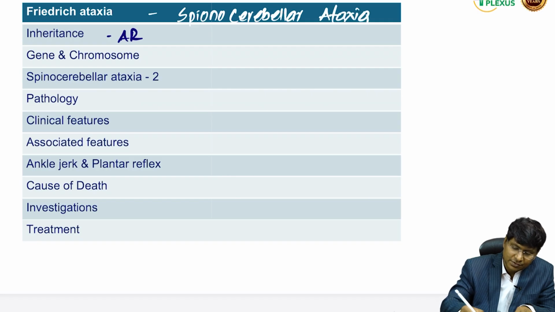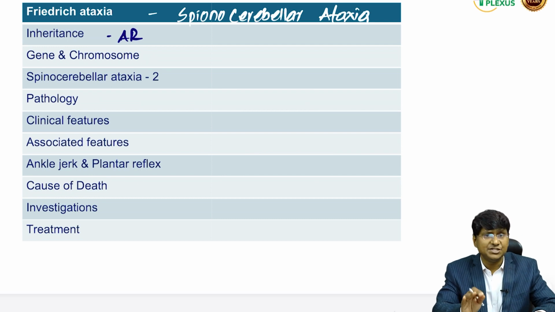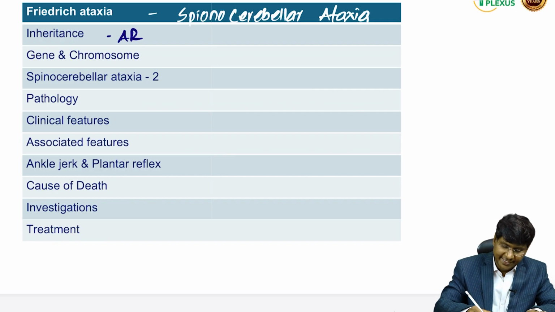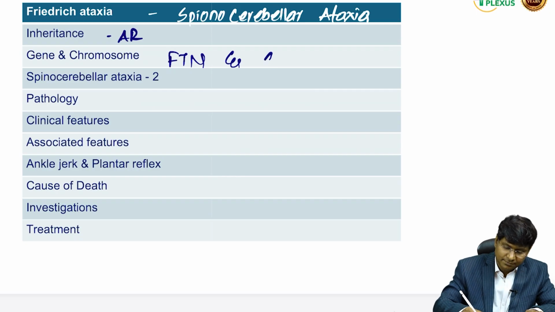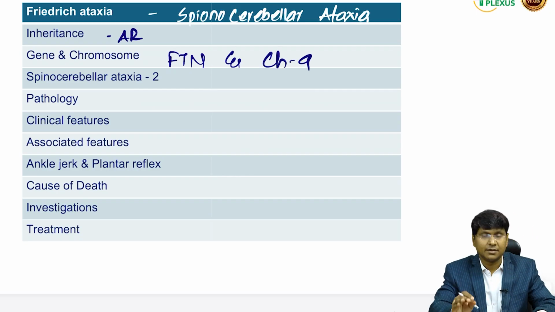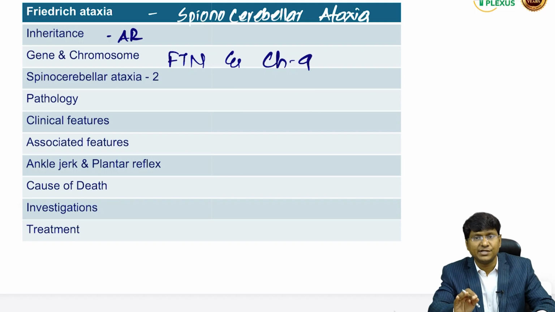The frataxin gene is the one that is defective, and it is present on chromosome 9.